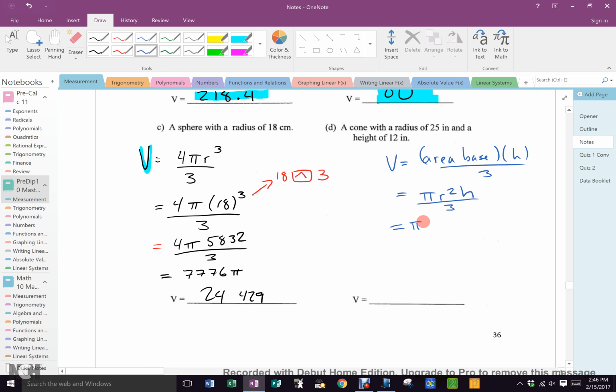So it's pi times 25 squared times 12 divided by 3. And that equals 2,500 pi, which is 7,853.98.